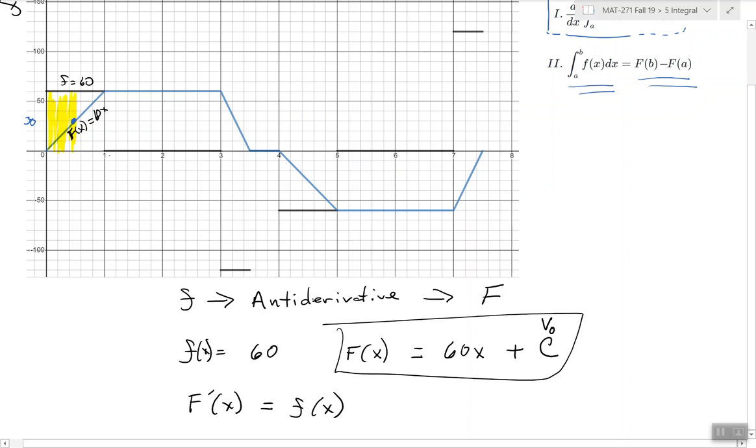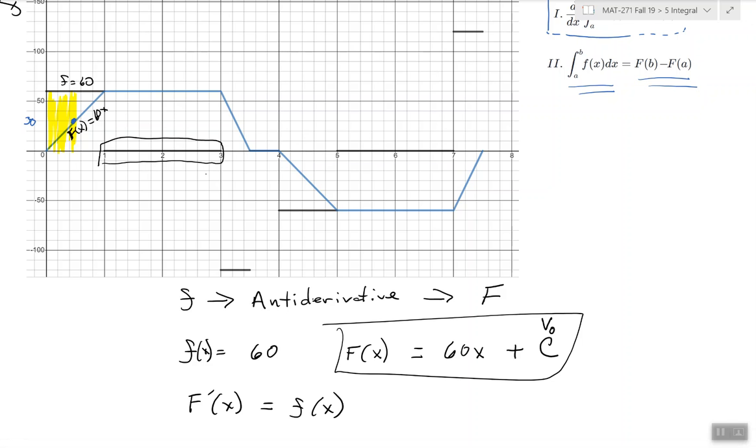As we went from 1 to 3 hours, he was just cruising along, so there's no acceleration as he goes from hour 1 to hour 3 here. Well, what will we have to have in order to get 0 as the derivative? Here, we're thinking of this as little f. Little f of x is 0.